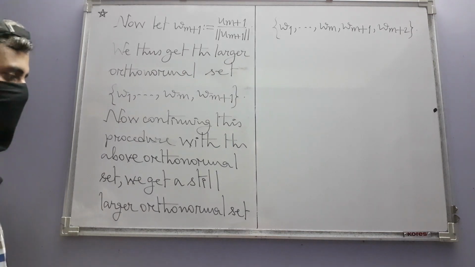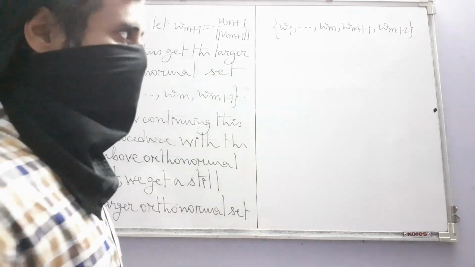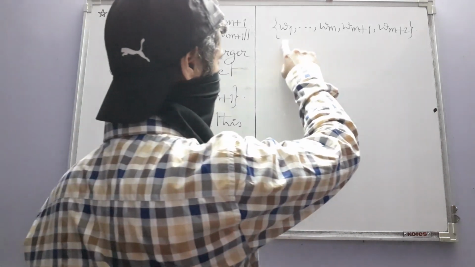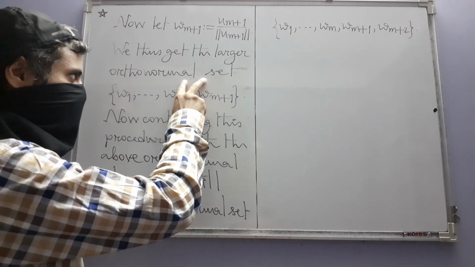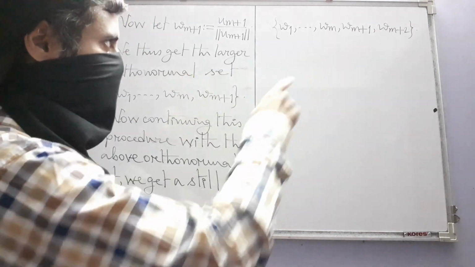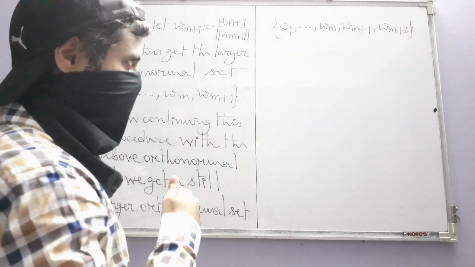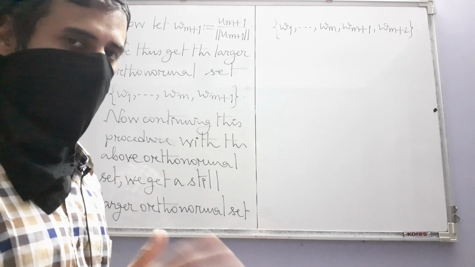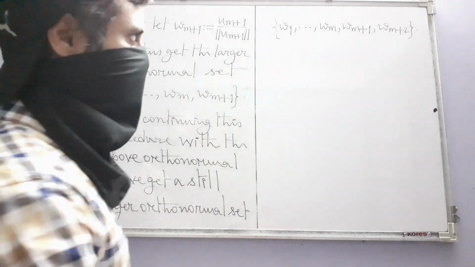Now, will there be an end to having these orthonormal sets? Of course there will be, because we already know that any orthonormal set is linearly independent. Since the original space has dimension n, the size of this set must not exceed n. So until we get to n, we can keep on going and we will continue to have orthonormal sets.